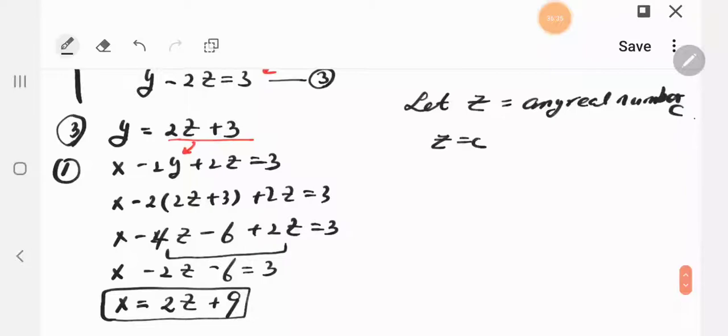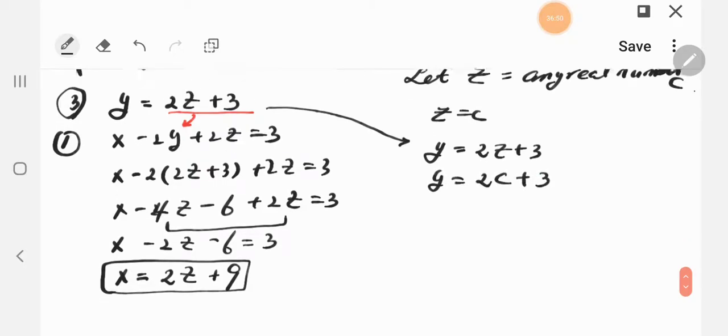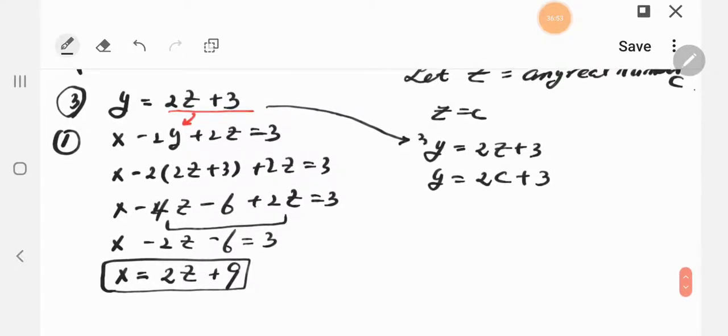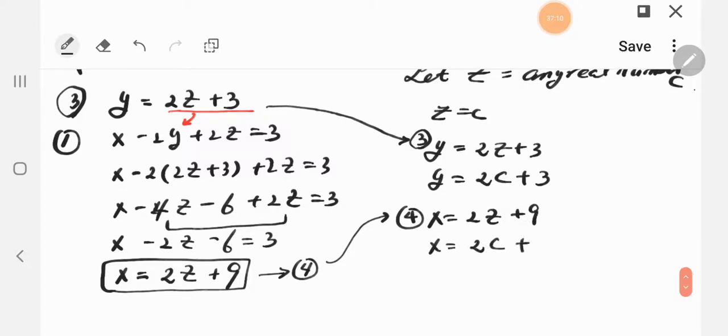From the third equation, y is equal to 2z plus 3, so y equals 2c plus 3. Let's say this is equation 4. Since x equals 2z plus 9, x is equal to 2c plus 9.